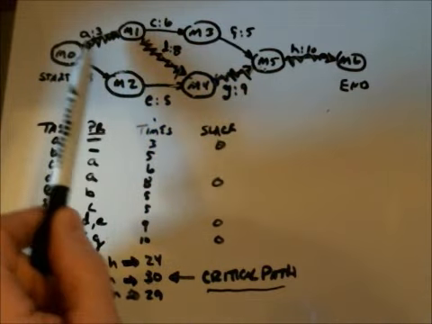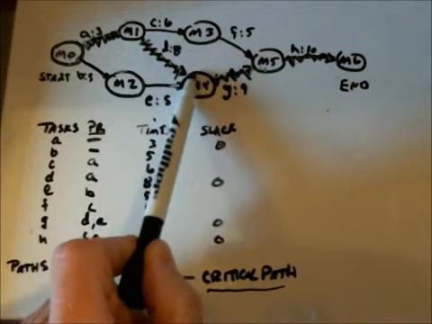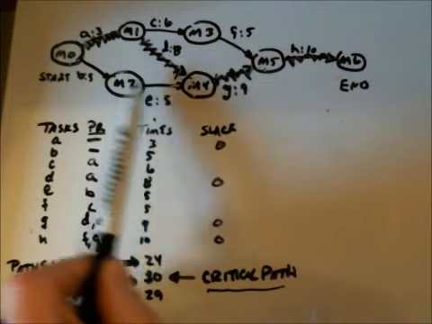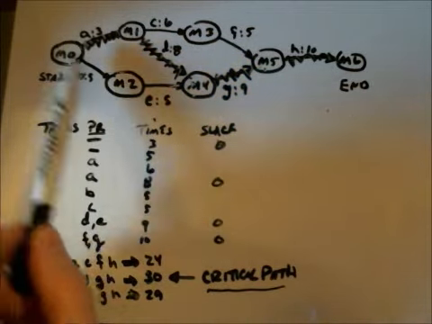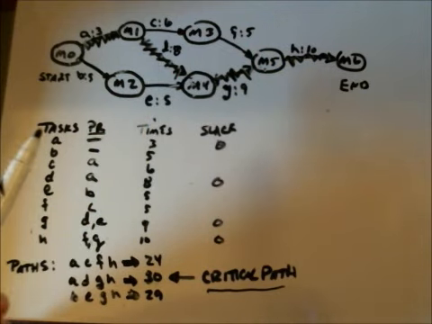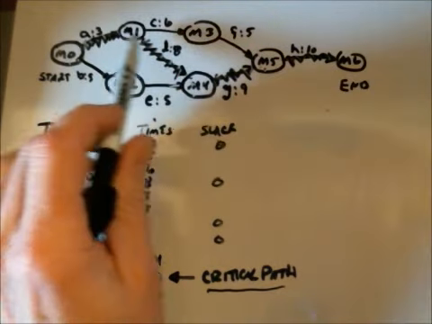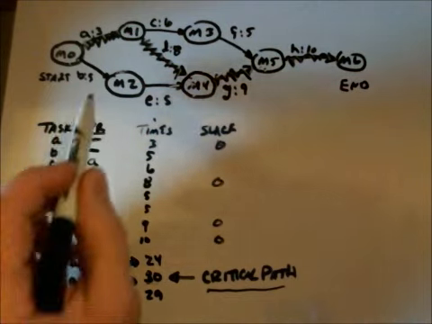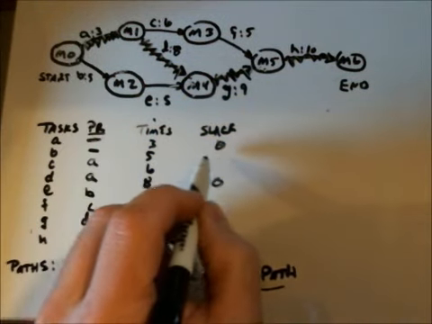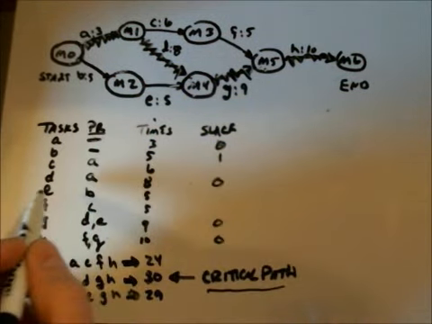Along the critical path, it takes 3 plus 8 or 11 units of time to go from milestone 0 to 4. Along this alternative path, it takes 5 plus 5 or 10 units of time. And the slack time is the difference between that. 11 minus 10 would be 1. So for B and E, we're going to assign both of those a slack time of 1.